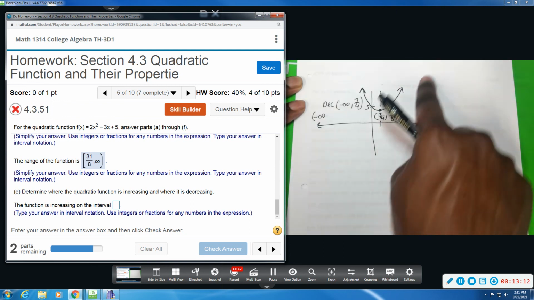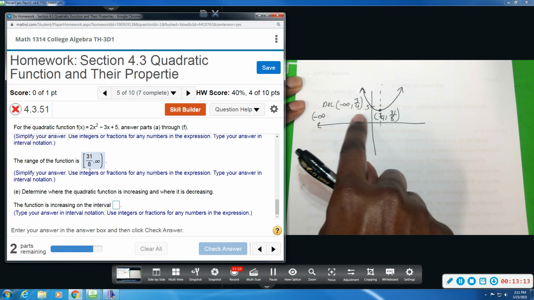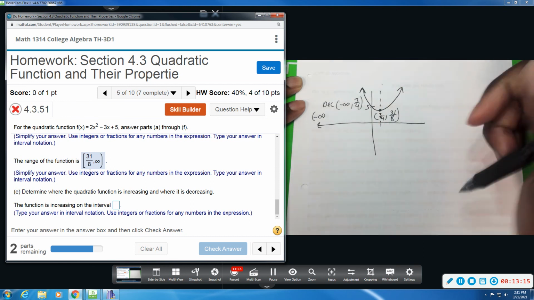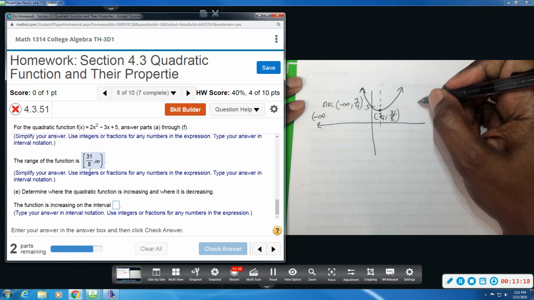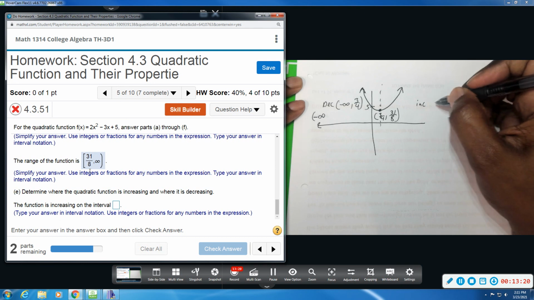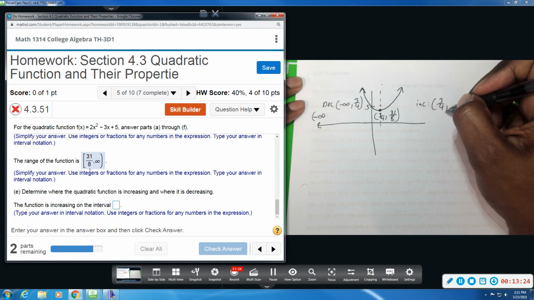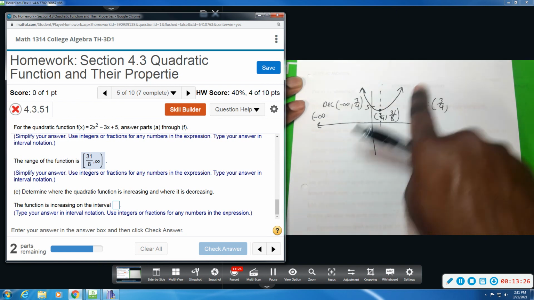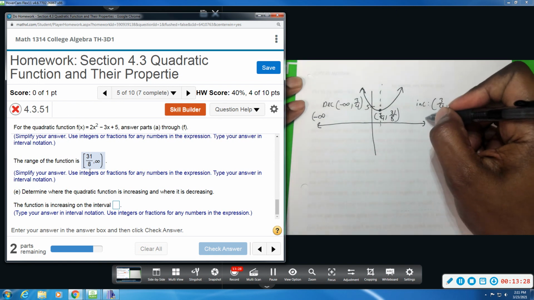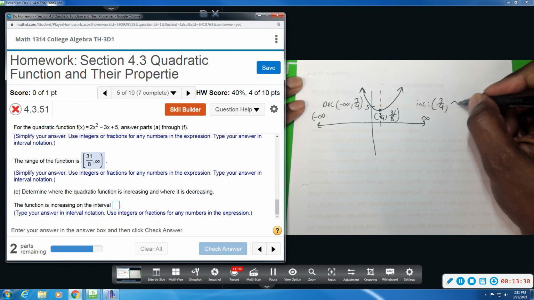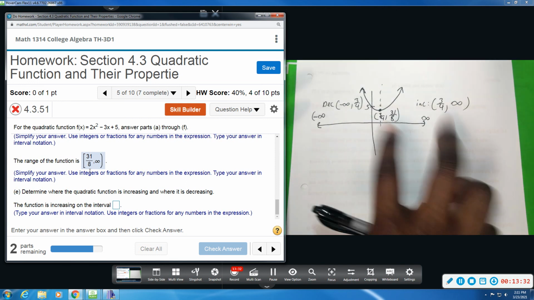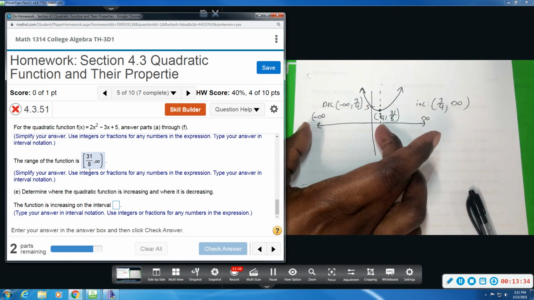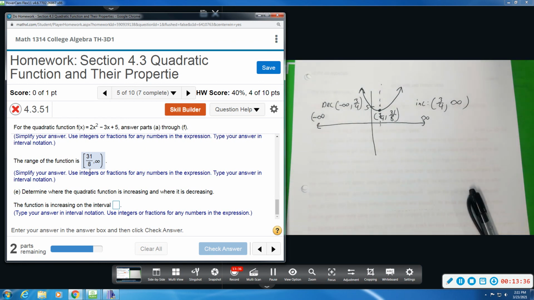Then the graph starts to increase, going left to right. It starts going up when we get past 3/4. So increasing from 3/4 to the right side, which is going all the way to positive infinity. This is how we describe increasing, decreasing based on the x-axis, where it starts and where it stops.